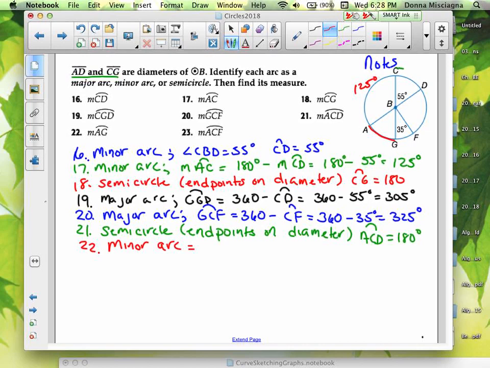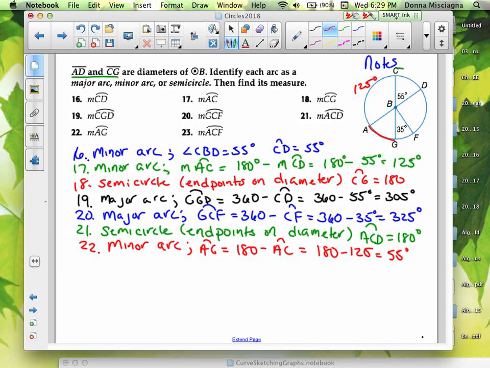So it's a minor arc, and AG is equal to 180 degrees, half a circle, minus arc AC. And AC is 125 degrees. So that would be equal to 180 minus 125, which is 55 degrees. Hey, another arc is 55 degrees.